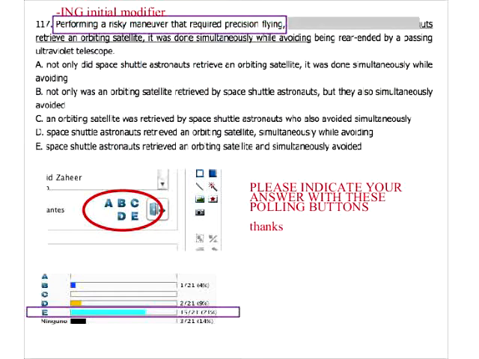Text box, please. Yeah, it needs to be people. It needs to be astronauts. So this must be the people who performed the maneuver.